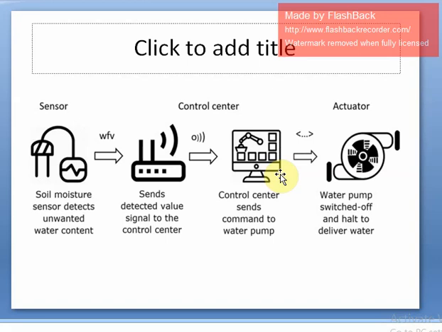This moisture sensor is used to detect the soil moisture content, and get that information from the soil, and detect the values of humidity and temperature of the soil. All those things have to be gathered and passed to the control center. It sends commands to the water pump. This water pump, depending upon the soil moisture content, pours water onto the soil, right?